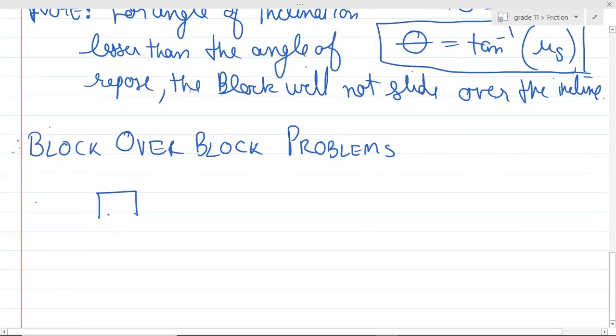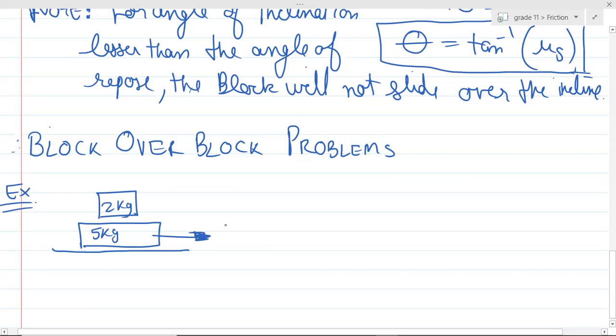The question is, suppose, can you see one block over another block? Guys, hello? Are you able to hear me? Hello?